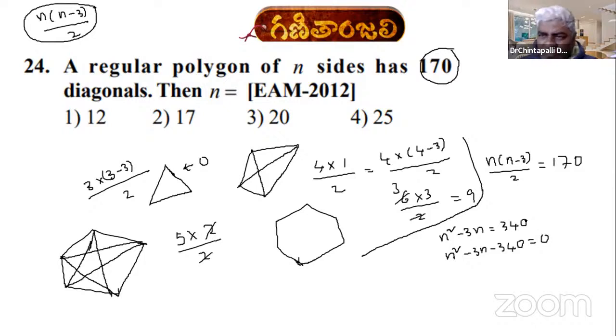Can you tell the factors? 340 is 20 times 17. Right. Good. It is 20 times 17.